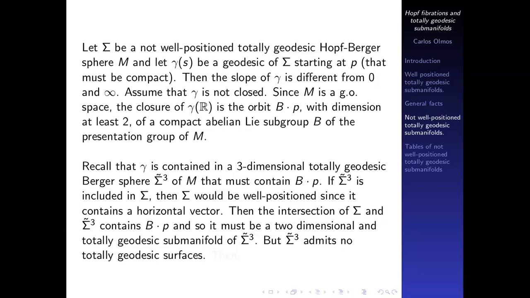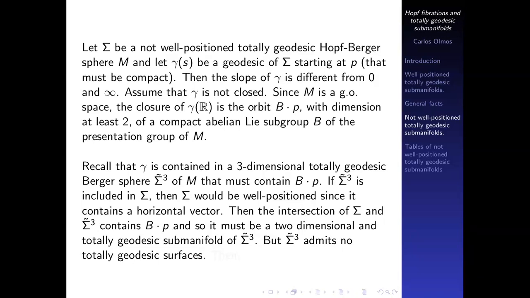This implies that the intersection of sigma with sigma 3 is two-dimensional. So our totally geodesic sigma intersected with this Berger sphere of dimension 3 is two-dimensional.